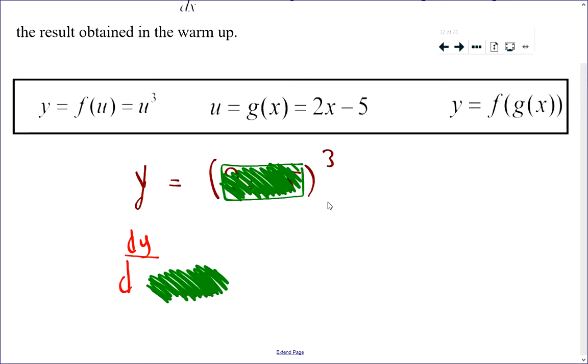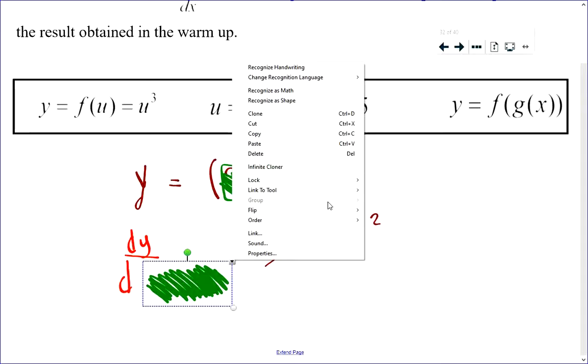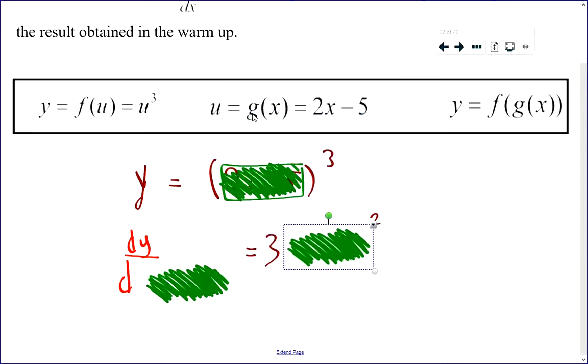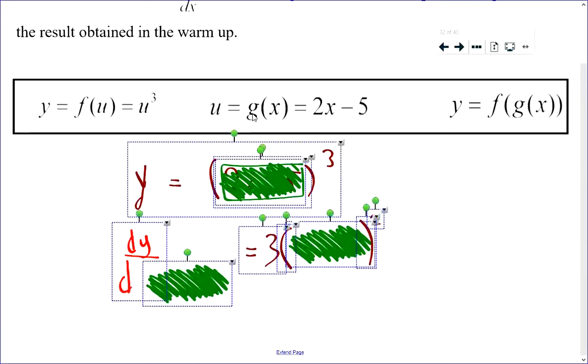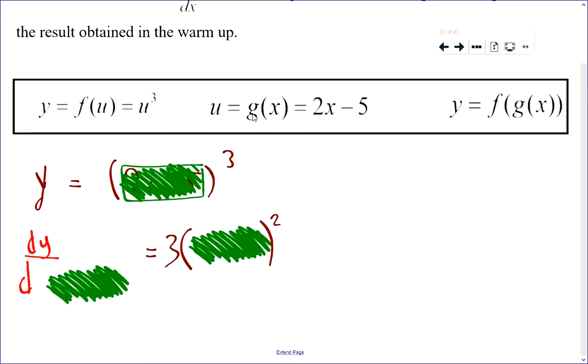You bring the 3 down in front, right? You drop 1 from the exponent, and the base remains the same. Are you with me that that's dy, d green rectangle? Okay, now, totally different point. And my goal every year is to get just one more person than last year to understand why the chain rule works the way it does.